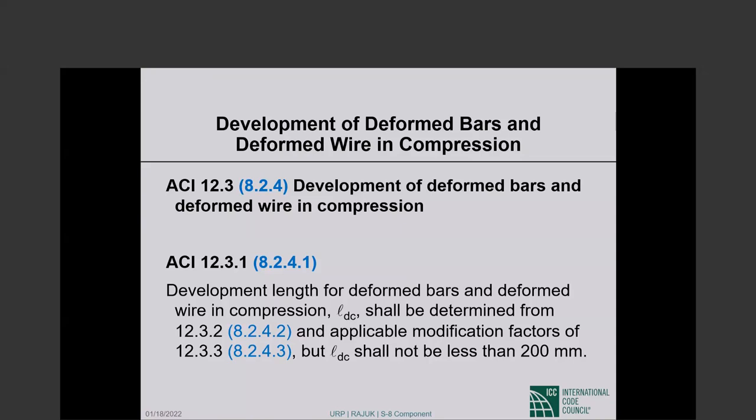L sub DC, required development length in compression, shall be determined from section 1232 and applicable modification factors. But L sub DC shall not be any less than, now it is 8 inches. Okay, so tension development length, barest minimum is 12 inches. Compression development length, it is 8 inches. Okay.